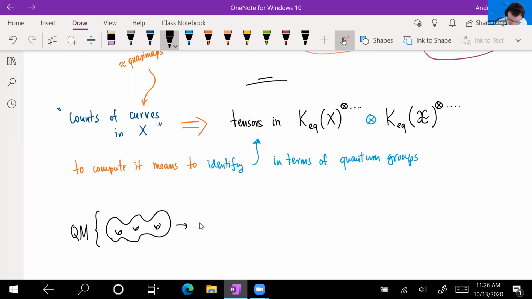Now the arrow means a quasi-map to X. Maybe call it F. Suppose I have some marked points here, P1, P2, P3, maybe call it Pn.